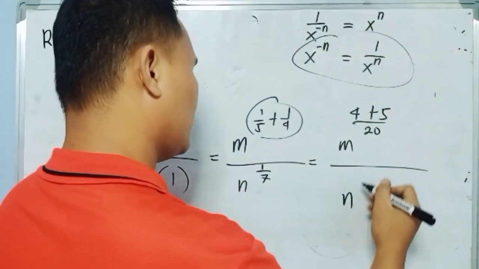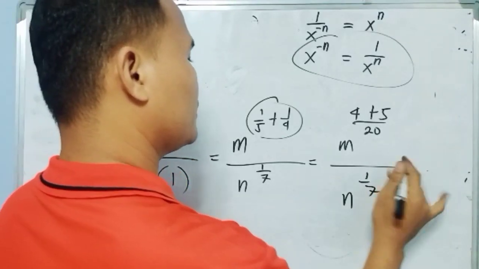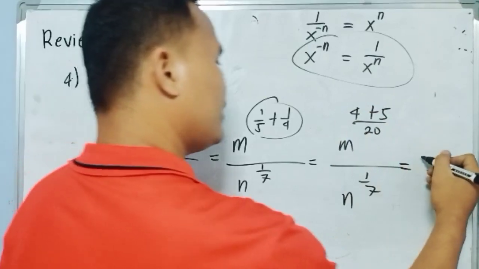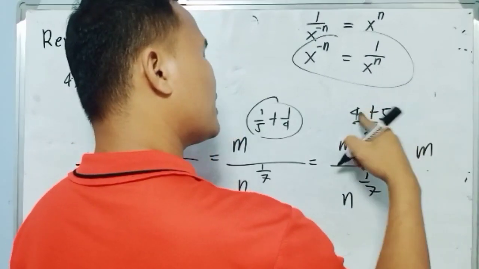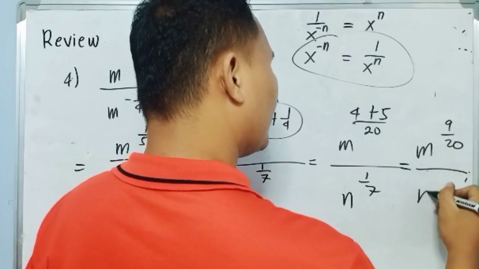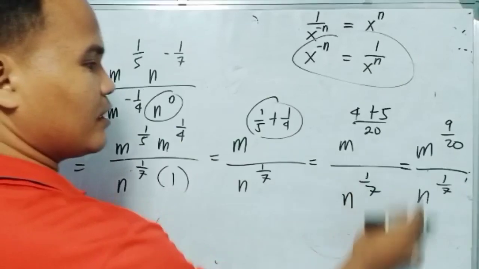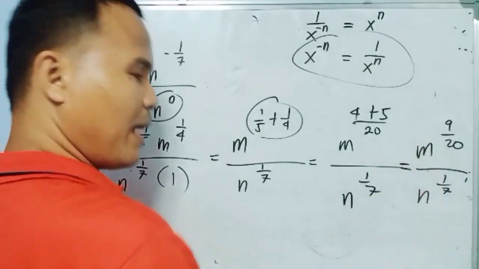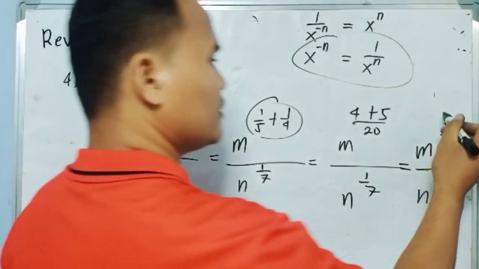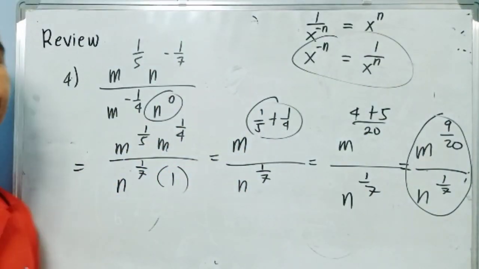Then copy the denominator. So add the two numbers here. So we have 9 over 20 over n raised to the power of 1 over 7. Since the two bases are different, so this is our final answer.